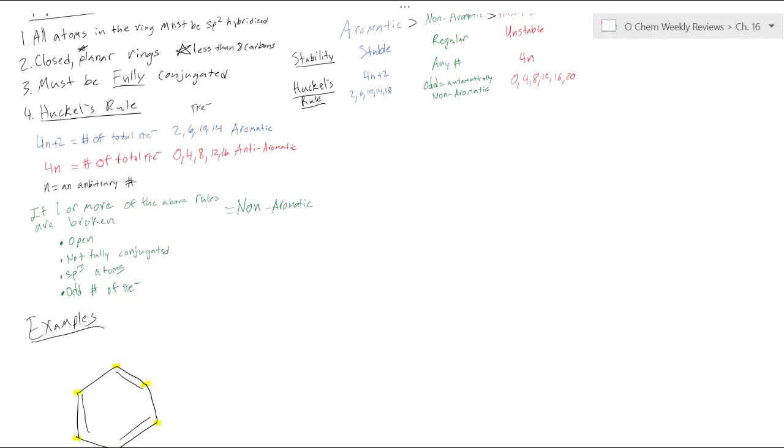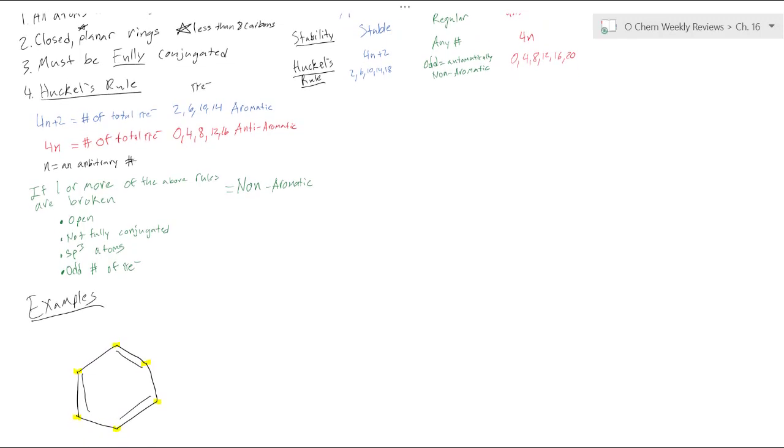Now, does it look closed? Yeah, all the atoms are connected. There are no gaps, so that fits our rule. Is it planar, which means does it have less than 8 carbons? So the benzene ring has 6 carbons, which again is planar, fits our rule. Is it fully conjugated? Okay, remember, a conjugated system means we have a double bond, single bond, and a double bond, and this has to go all around the entire ring for it to be considered fully conjugated.